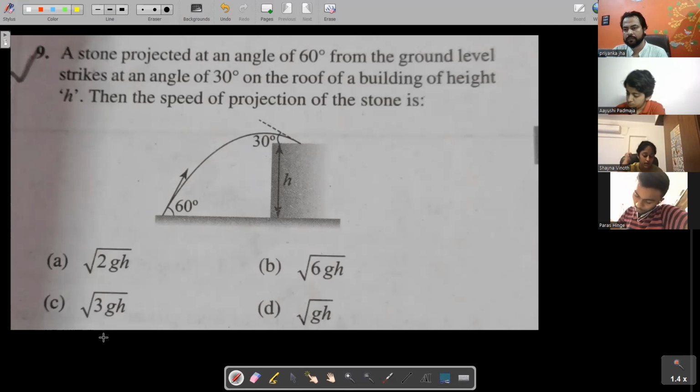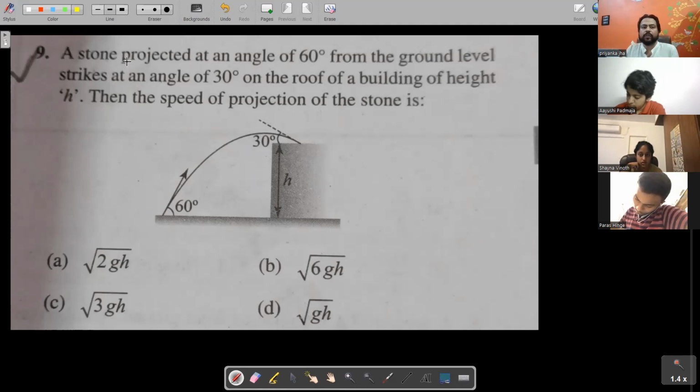So sine square theta is sine square of 60, so sine 60 squared is 3 by 4. So U square into 3 by 4 by G equals H. So H into G into 4 by 3, whole root of that. So 4 you can remove, 2 into root GH by 3.